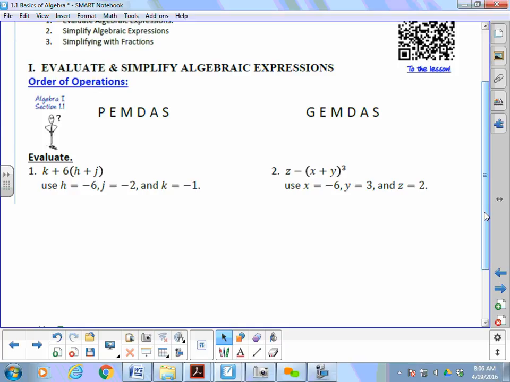All right. So here we're going to evaluate to start. When we evaluate, that means we're going to take what these letters equal and we're going to substitute them for that letter. Biggest thing to be careful with is negatives, all right? And especially if you have a power. So make sure when you raise things to a power, you do it correctly if it's a negative.